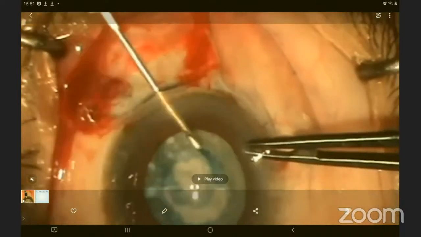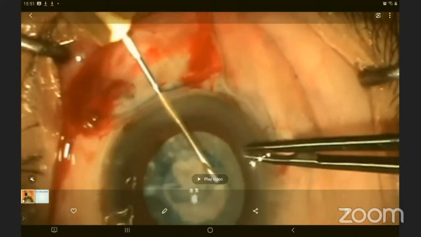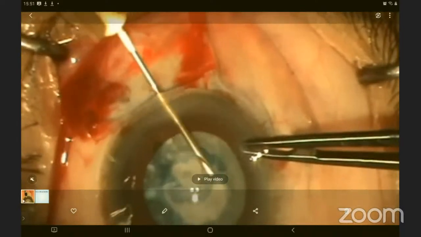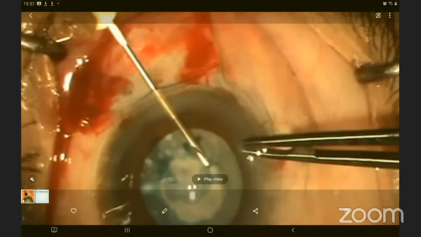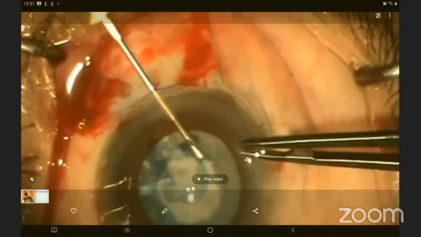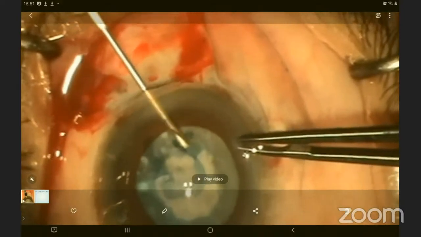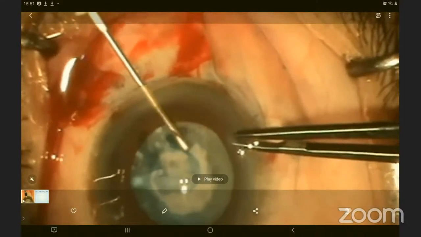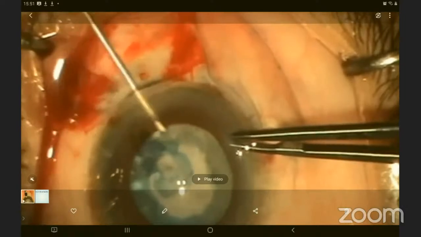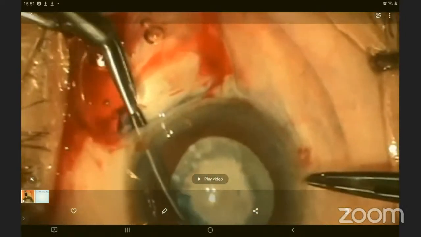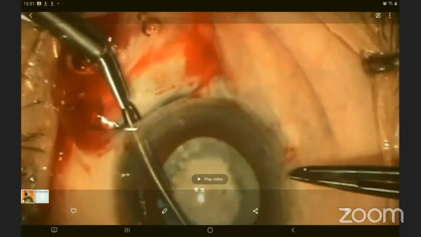The capsule was very much adherent to the underlying plaque. Then I had to make a double rexis. And finally, I could get the required size of the rexis.